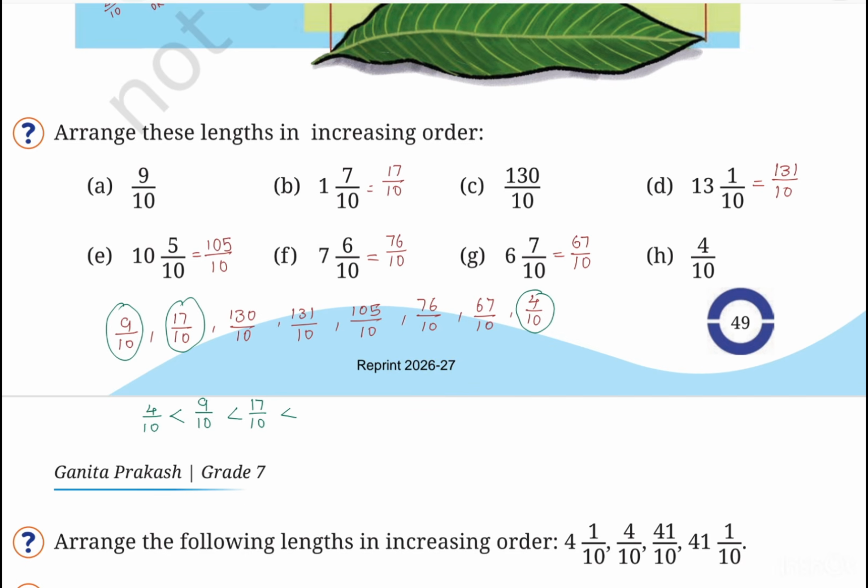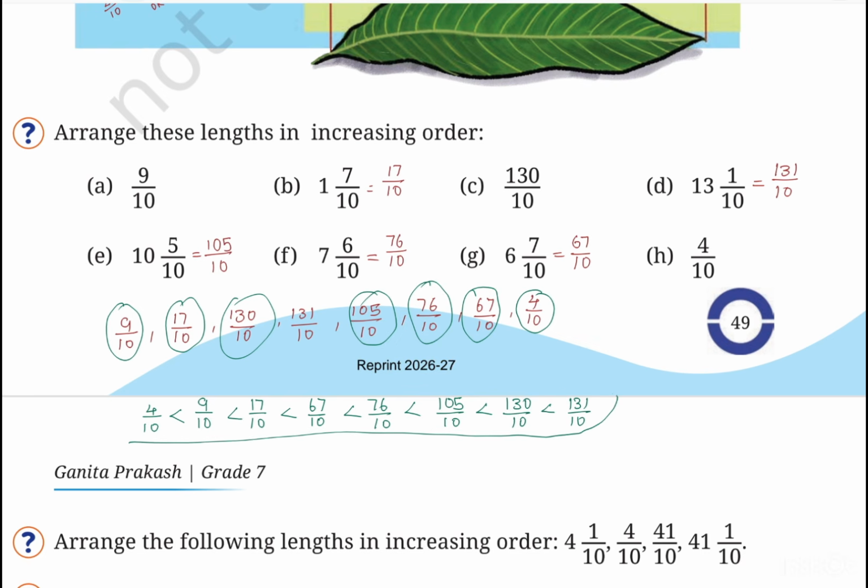Next one is 67 by 10. And the next one is 76 by 10, less than 105 by 10, less than 130 by 10, less than 131 by 10.